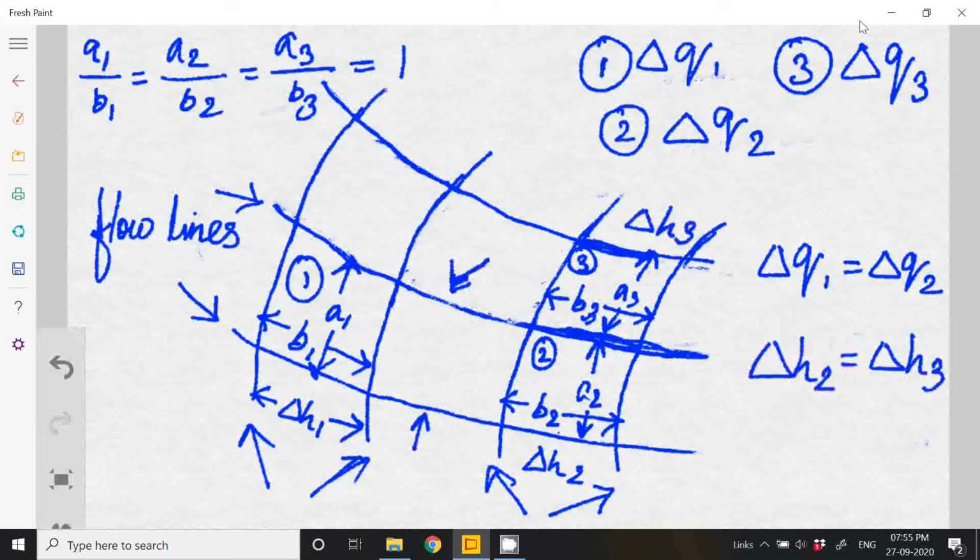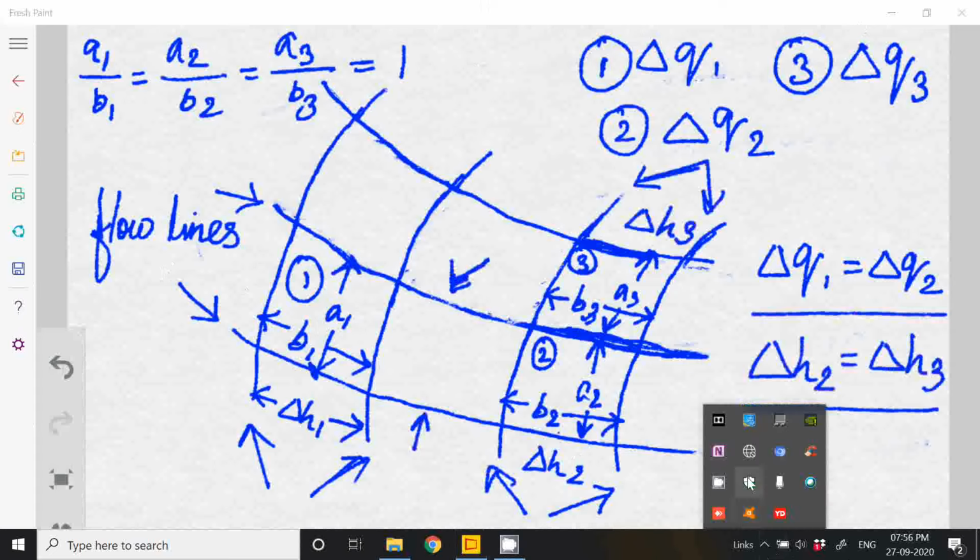So delta Q1 is equal to delta Q2 and delta H2 is equal to delta H3.